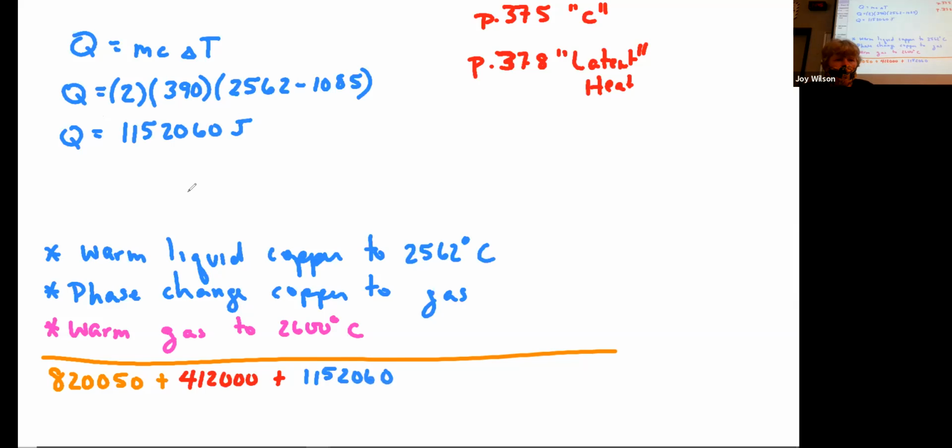1152060. What do we notice about this number compared to the first time we heated something up? It's a good bit bigger, because what's true about liquids compared to solids in their internal energy? They have more or less?